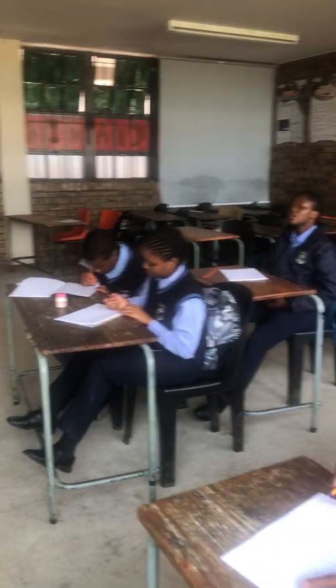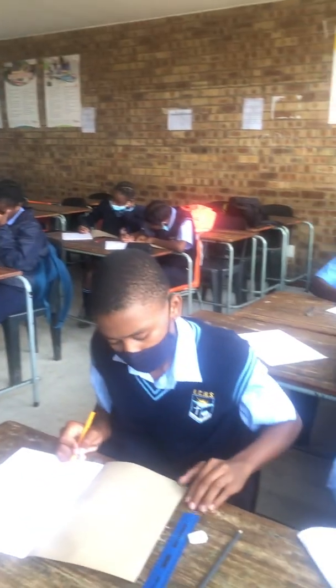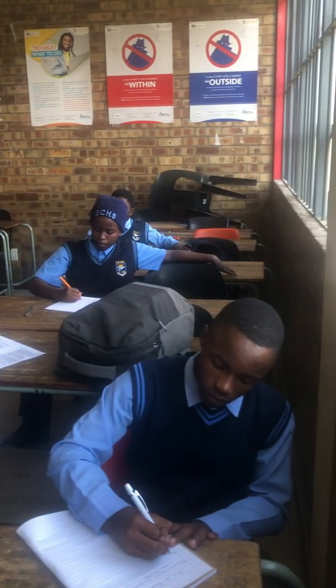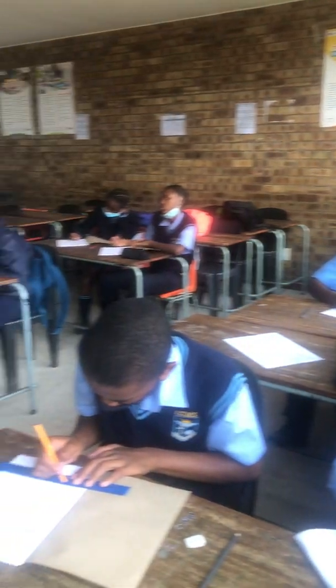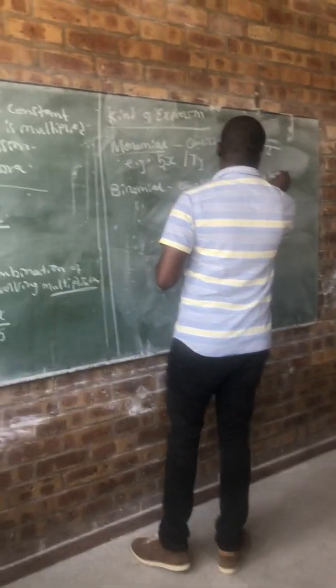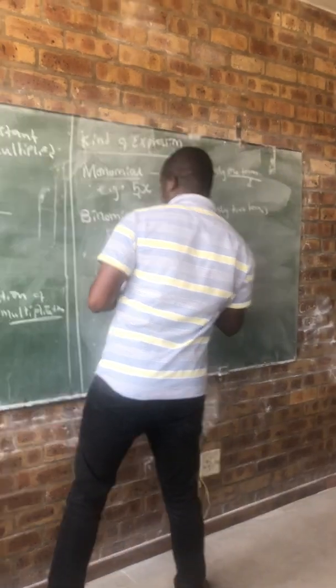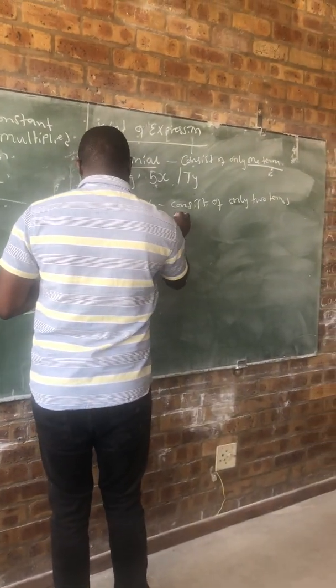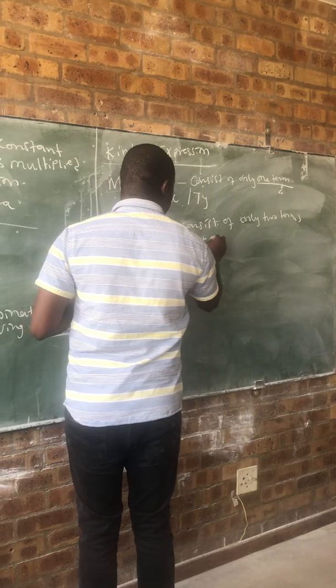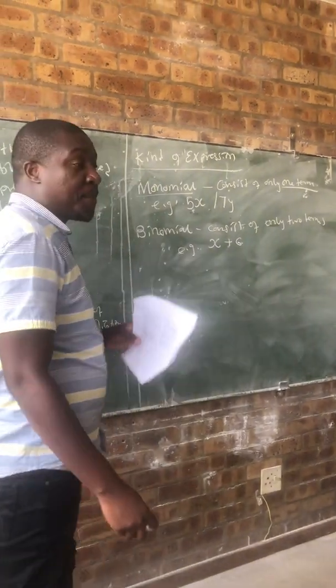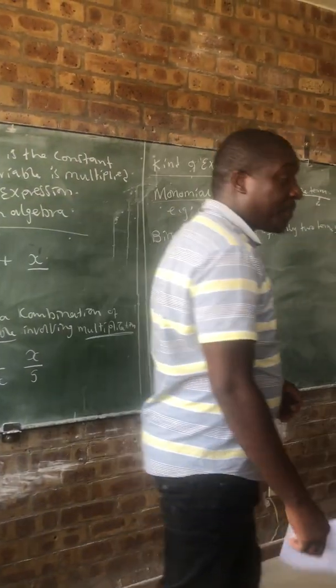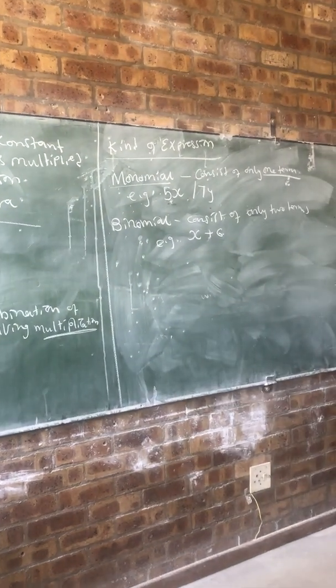And we also have binomial. A binomial consists of only two terms. For example, x plus 6. x plus 6 are two terms.